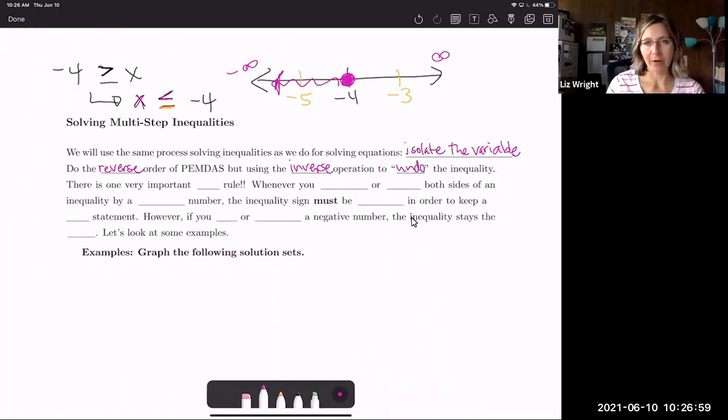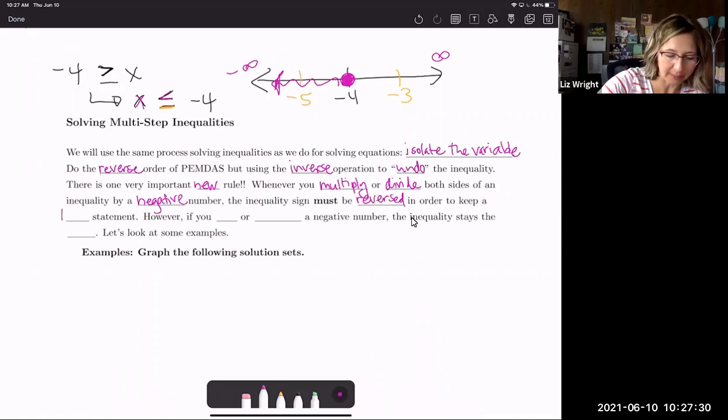There is one very important new rule, though, for inequalities. Whenever you multiply or divide both sides of an inequality by a negative number, the inequality sign must be reversed in order to keep a true statement.